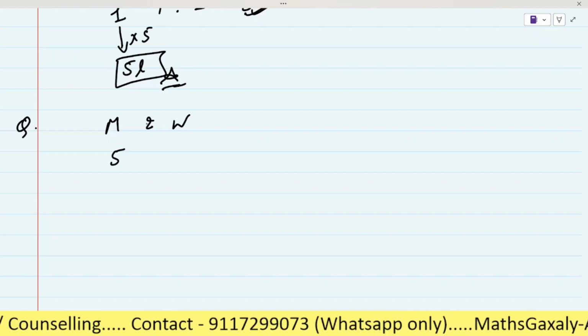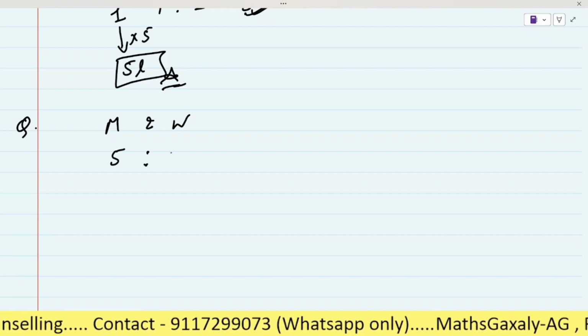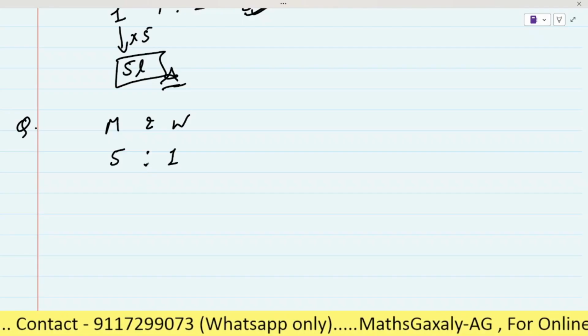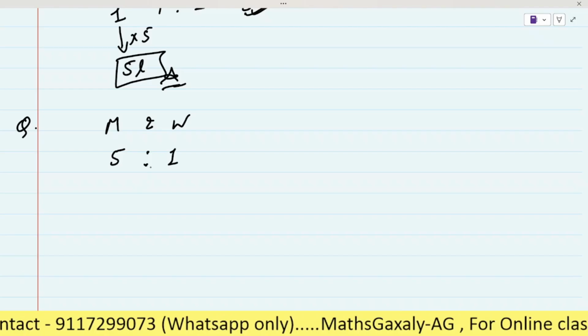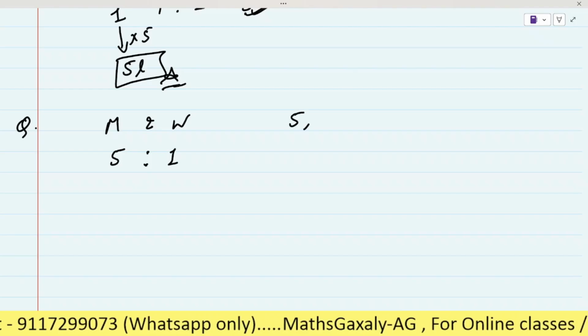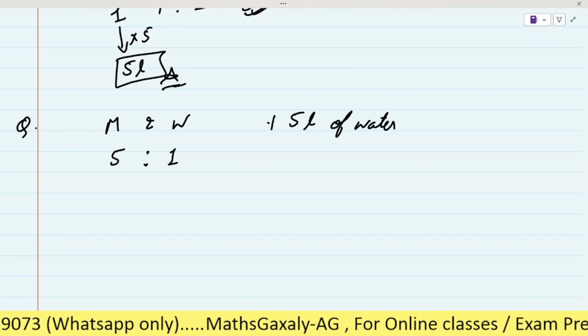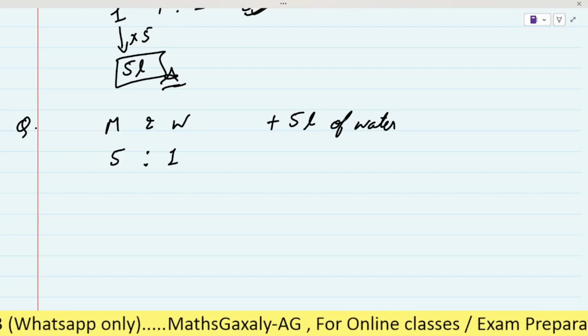That is, milk is to water is 5 is to 1. Full stop. On adding 5 liter of water, here we are adding 5 liter of water to the mixture.